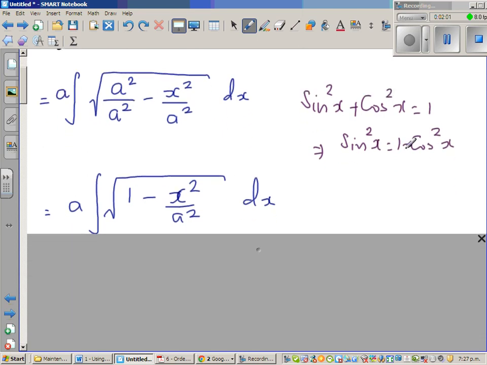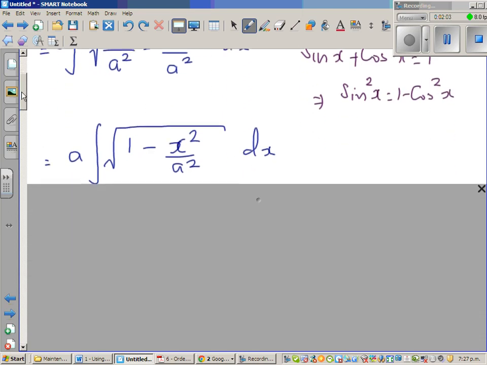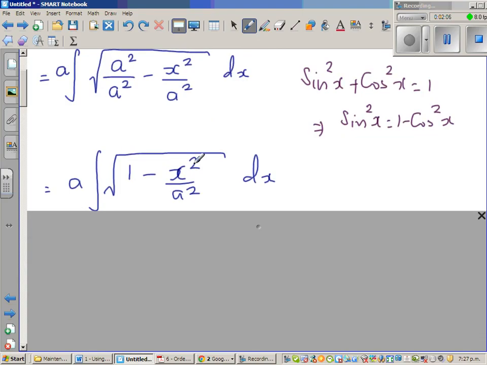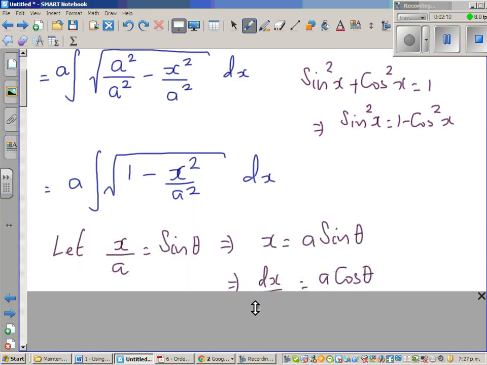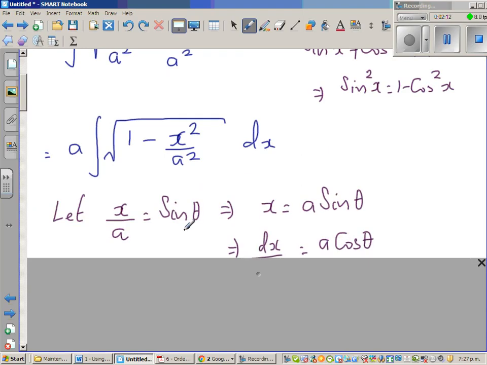So that's the reason I want a 1 here. So I'm going to do a trig substitution. I'm going to take x over a as sine theta.